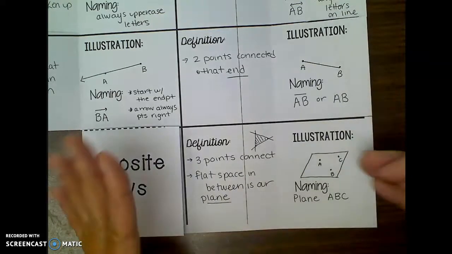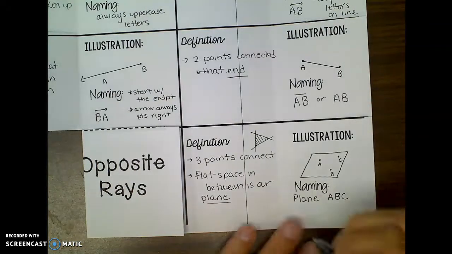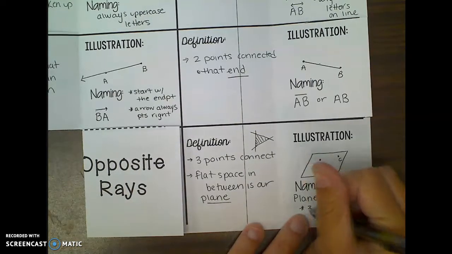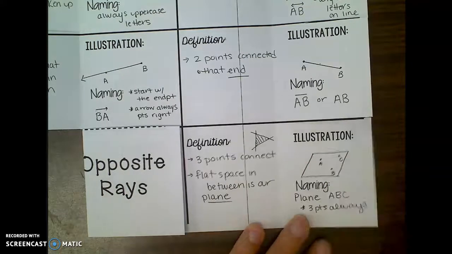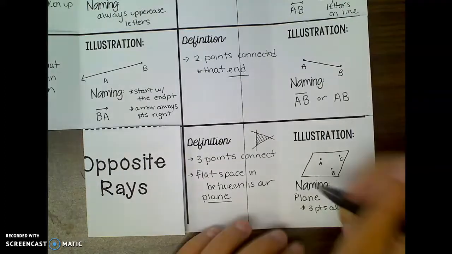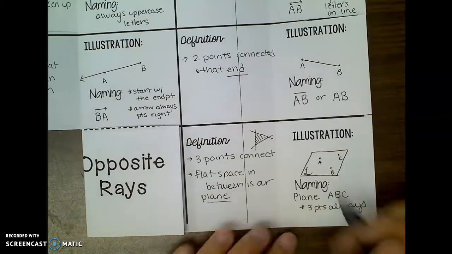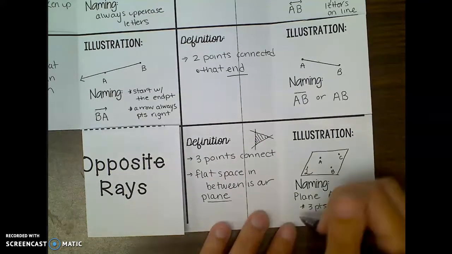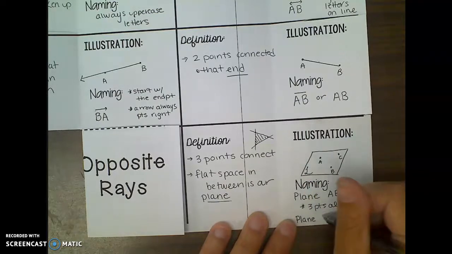Now if I had a point D on there, I could call it ABD or whatever, but just 3 points. So 3 points always. Now another way to do this is if there is a capital cursive letter on your plane, like a capital cursive L, you could also call it plane L.